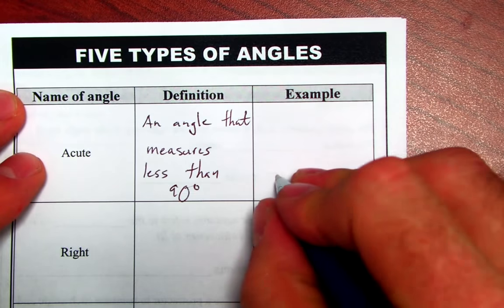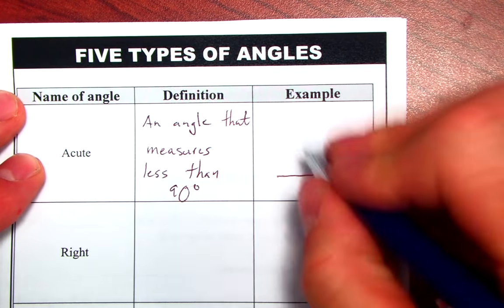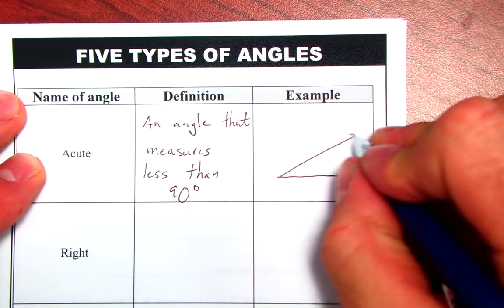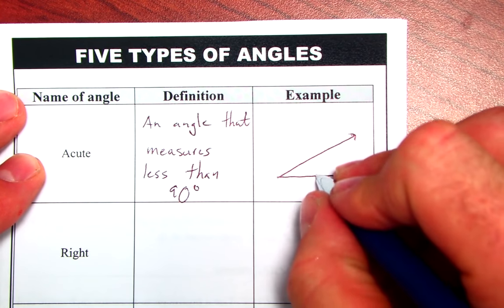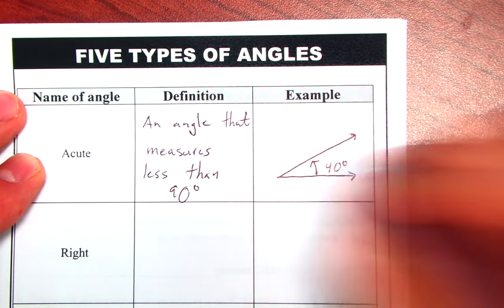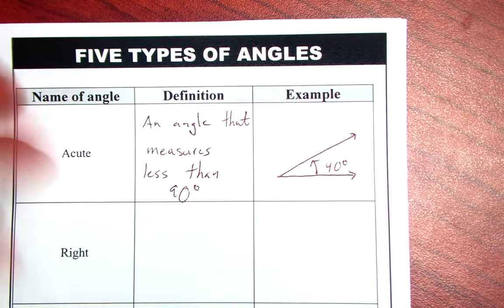So you can draw any angle with an initial side and a terminal side that is less than 90 degrees. Let's say that's 40. So there's an acute angle.